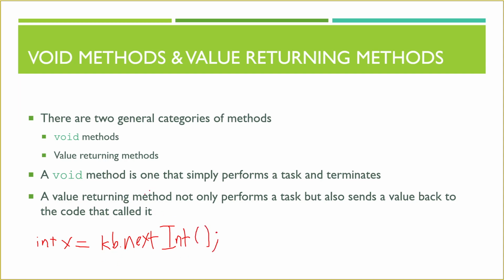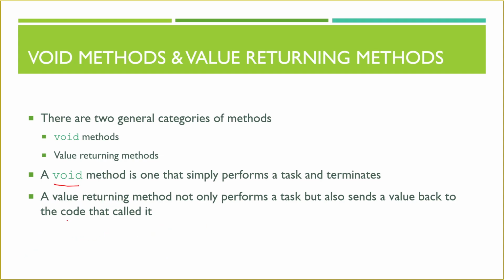Right? We've written this statement several times. nextInt is the method, right? This is an example of a value returning method because we're returning a value and we are assigning the value that we return to this variable, right? And we'll get more into value returning methods here in a second, but we have seen those.